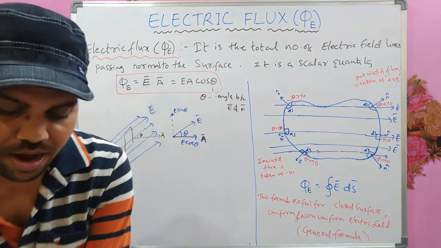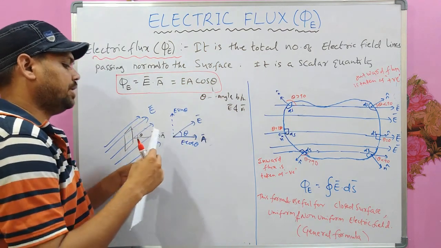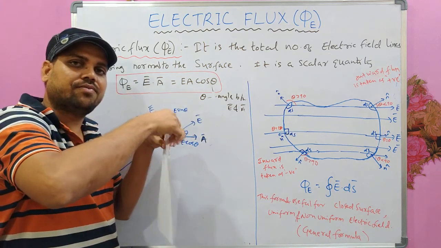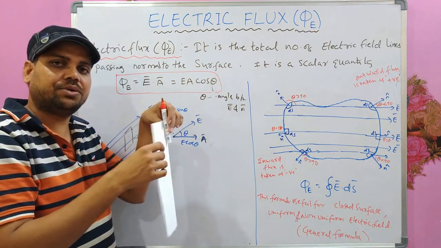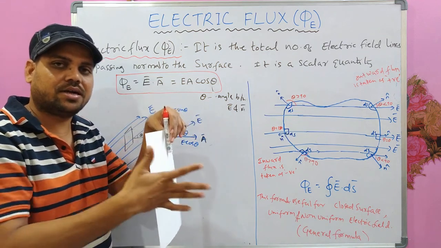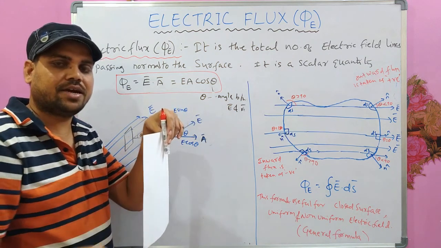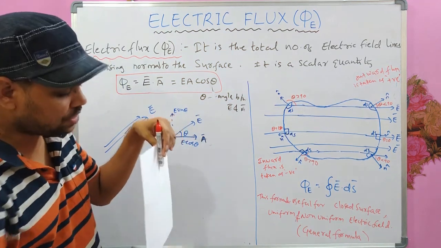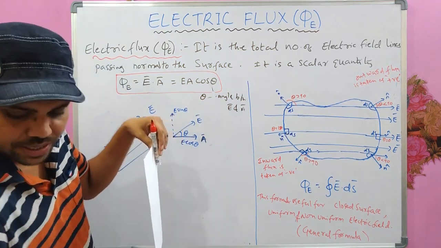E sin theta component is in this way. The field lines corresponding to E sin theta are not along the area vector, are not passing through the surface normally. Only E cos theta is in the direction of area vector.